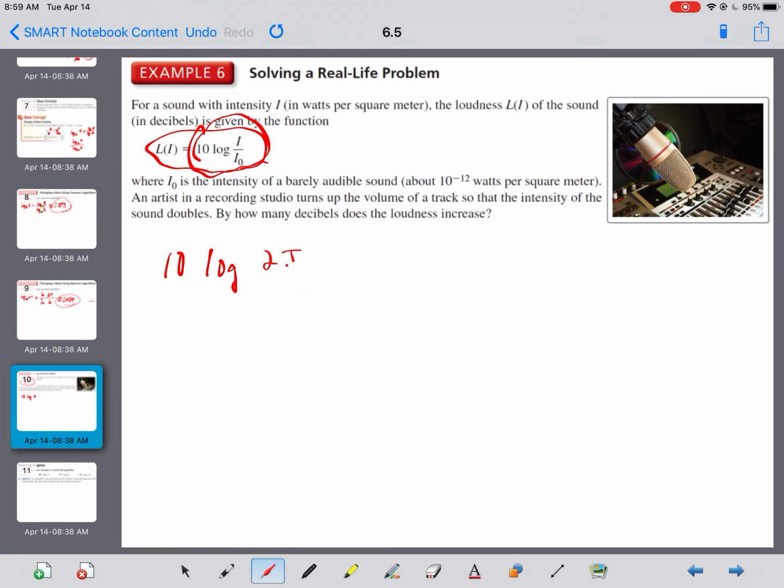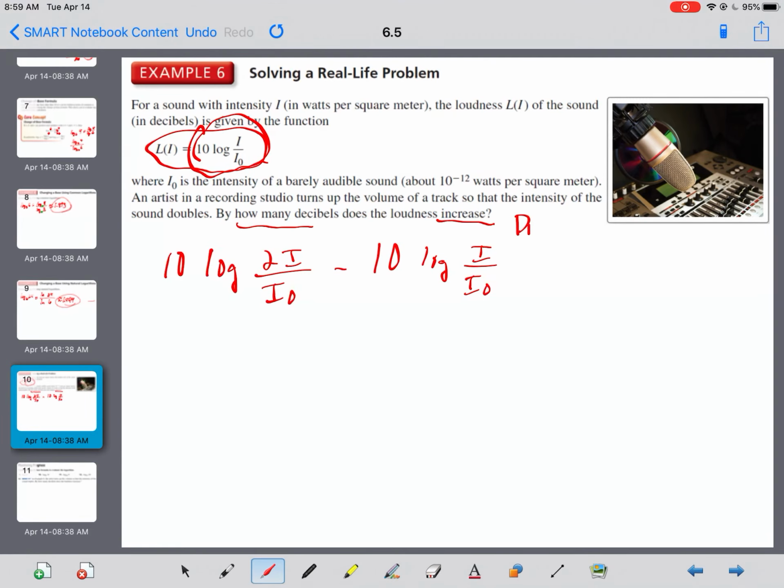Intensity is I. So that would be 10 times the log of 2I over I sub 0. That would be doubled. And then the original would be 10 log of I over I sub 0.